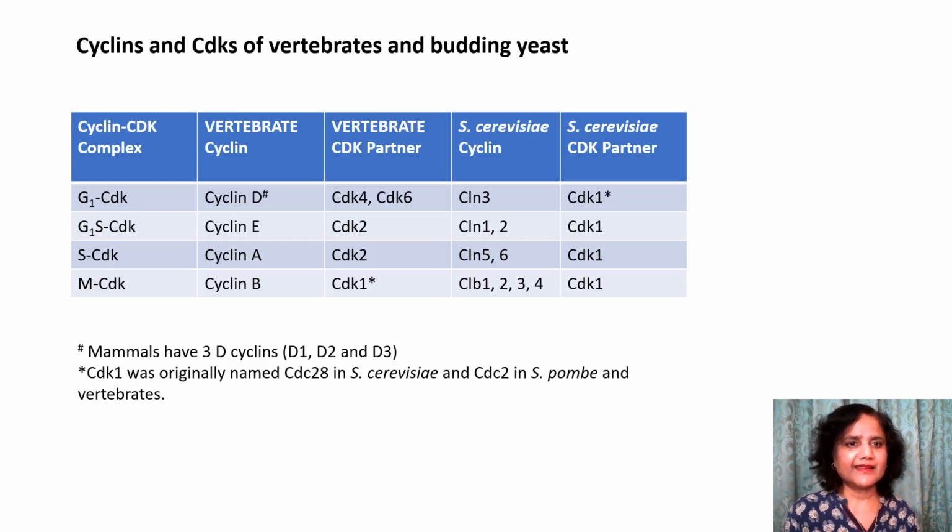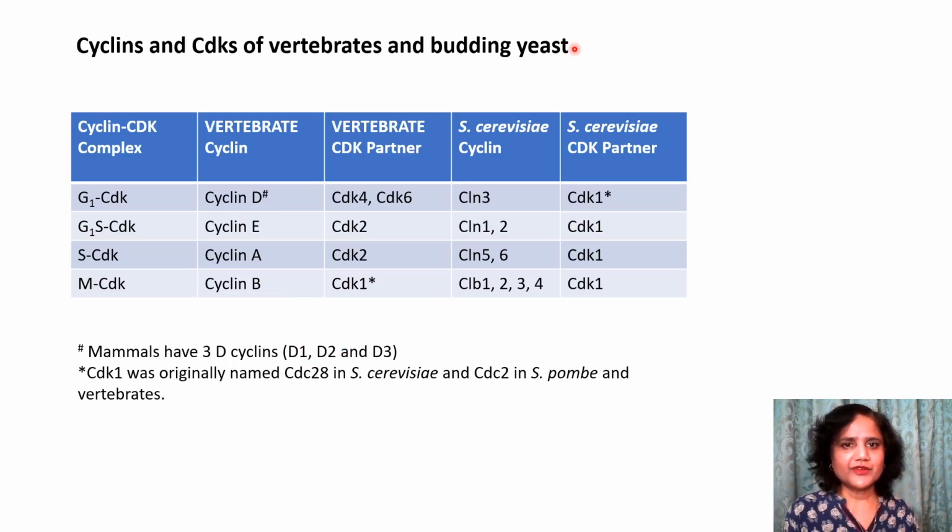Shown here are the CDKs and cyclins of vertebrates and budding yeast. So budding yeast has only one cyclin-dependent kinase, but vertebrates have many. And budding yeast has multiple cyclins though, as do vertebrates. Note here that in mammals, there are 3 cyclin D versions, cyclin D1, 2 and 3.